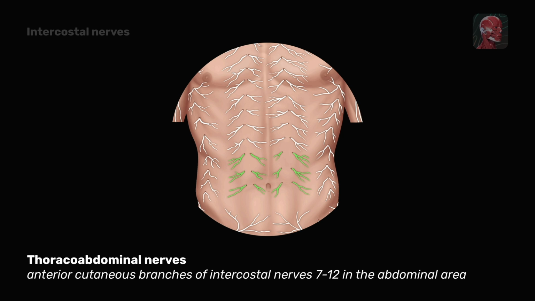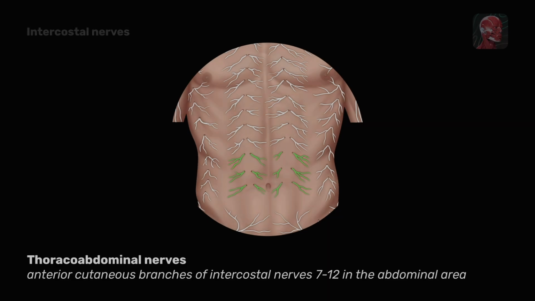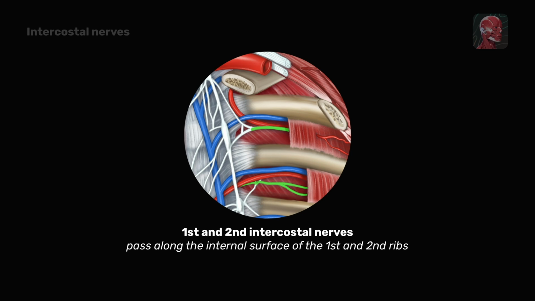This feature is why some scientists attribute such nerves as atypical. However, this attribution has no practical implementation. The 1st and 2nd intercostal nerves pass along the internal surface of the 1st and 2nd ribs, respectively, rather than passing along the inferior border of the rib. Therefore, they might be classified as atypical as well.